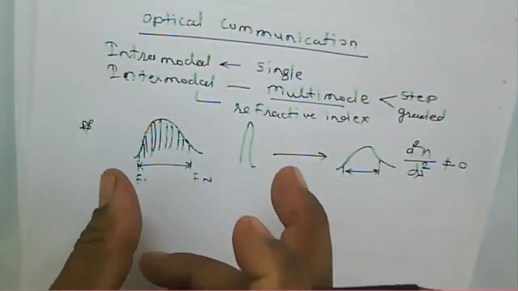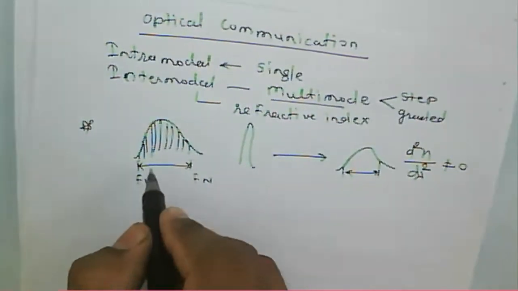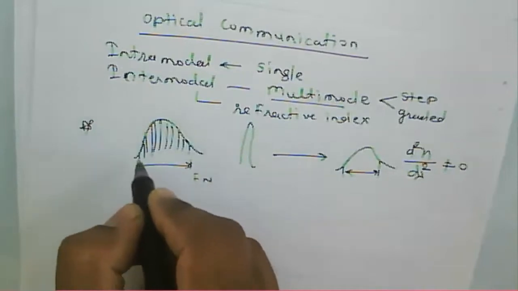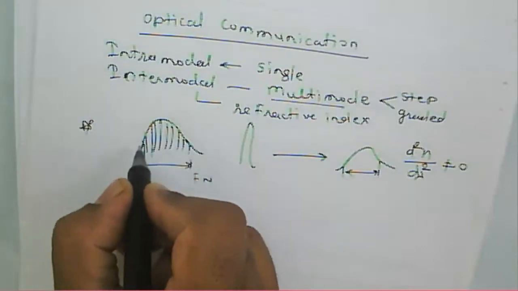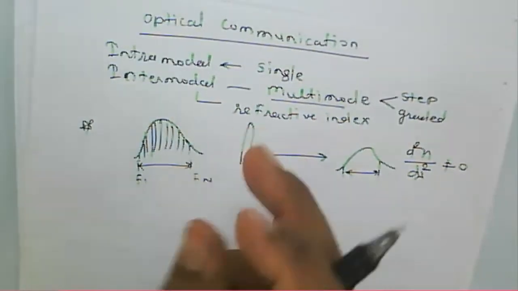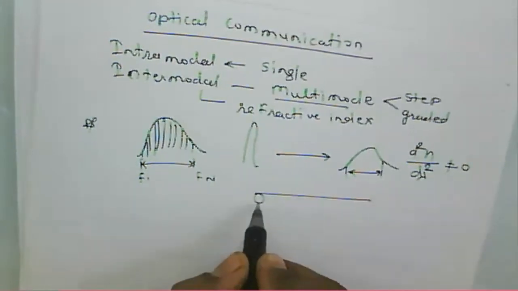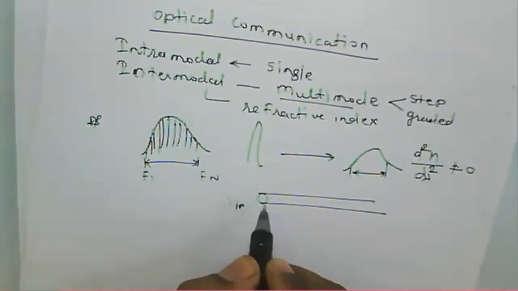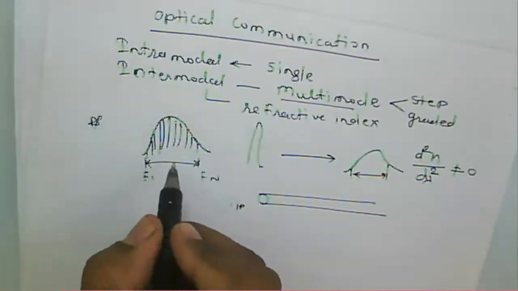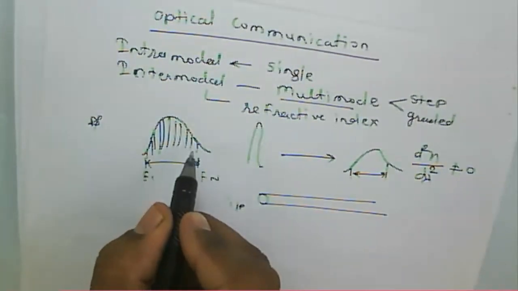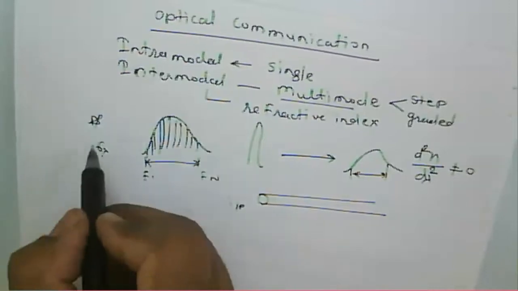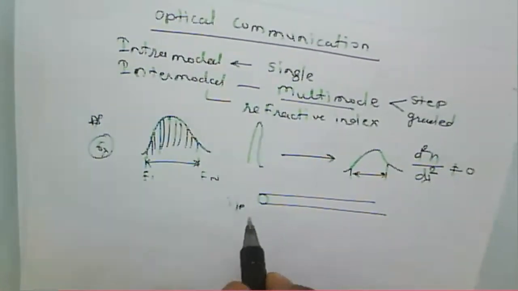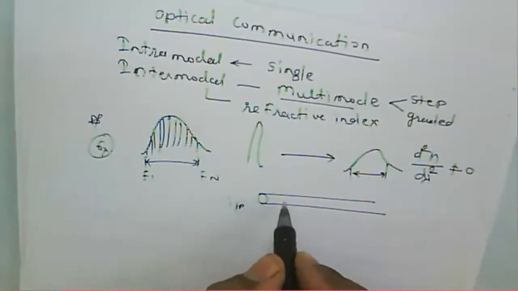Whenever a mode is propagating through the fiber, a source has various spectral components. When power is launched inside the fiber from a given source, it has various spectral components, and these different spectral components will be launched inside the particular fiber.